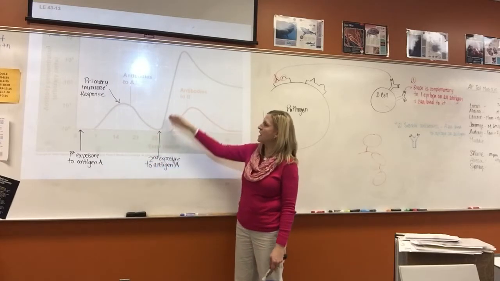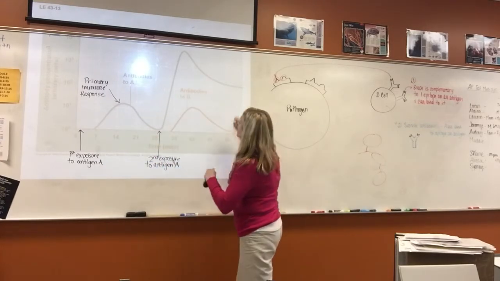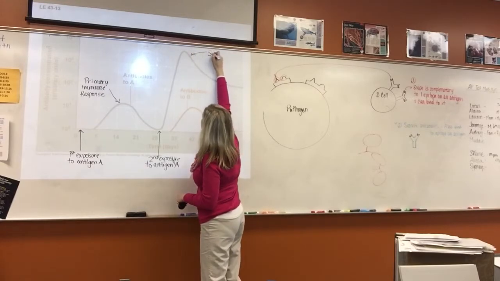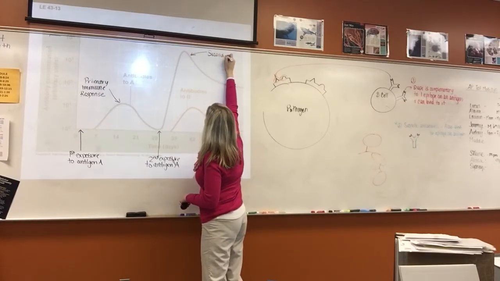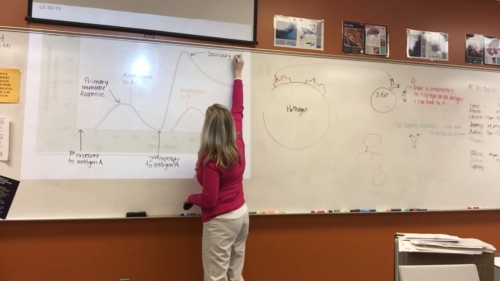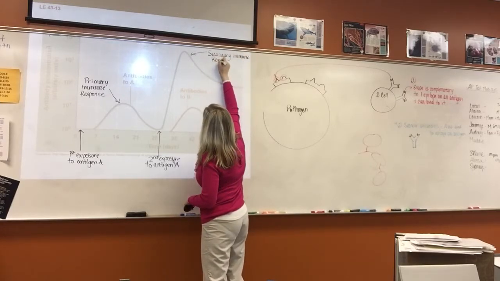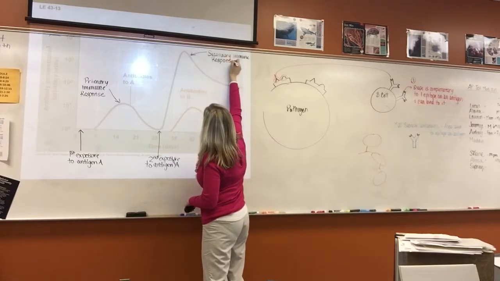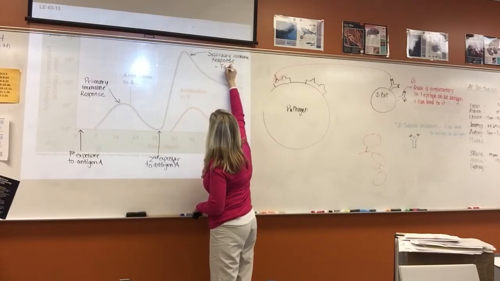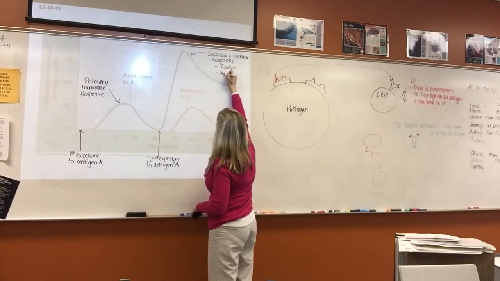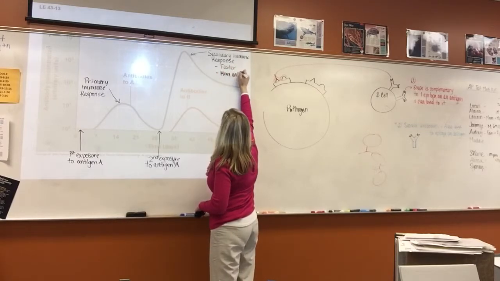And these memory cells can produce these antibodies much faster. So this spike here is what we call our secondary immune response. This is faster than your primary and produces more antibodies.